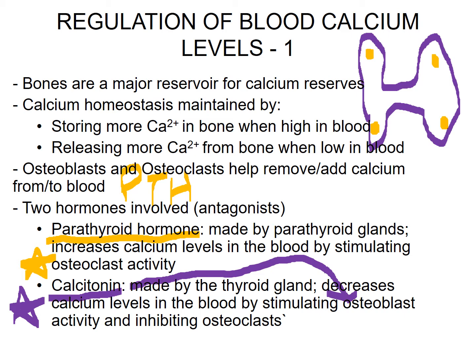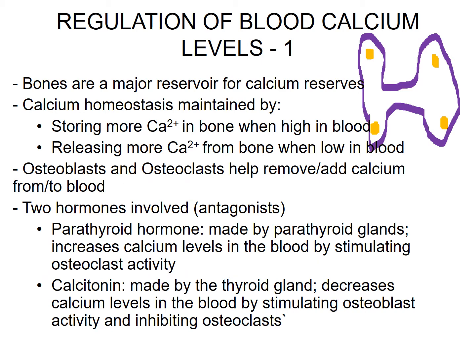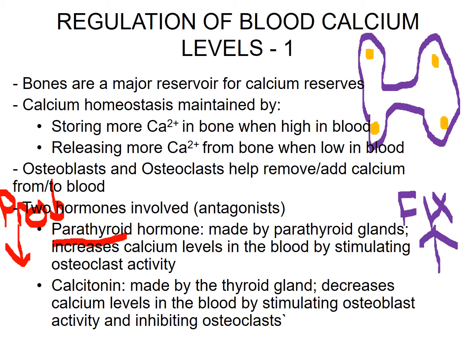Before I show you the picture on the next slide, let's recap this. On the left side of these bullet points, I'm going to put "prob" for problem, and here in purple on the right side is going to be our fix. If the problem is our blood calcium is too low, then we have parathyroid hormone that stimulates the osteoclasts, and we fix it because the osteoclasts raise the blood calcium.